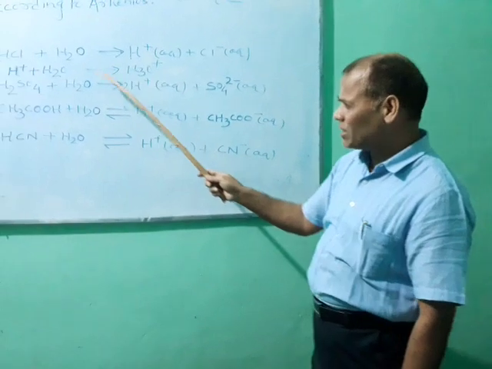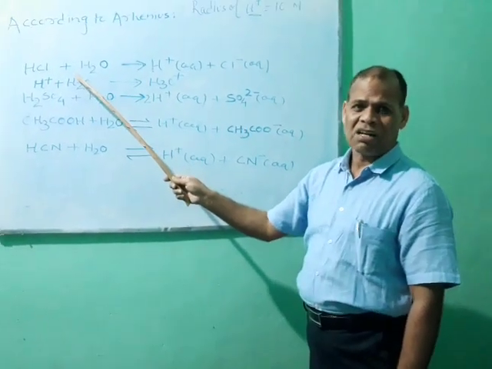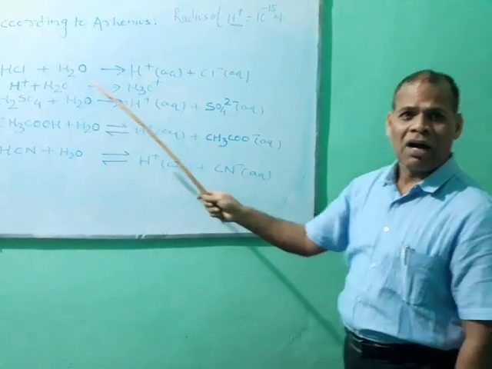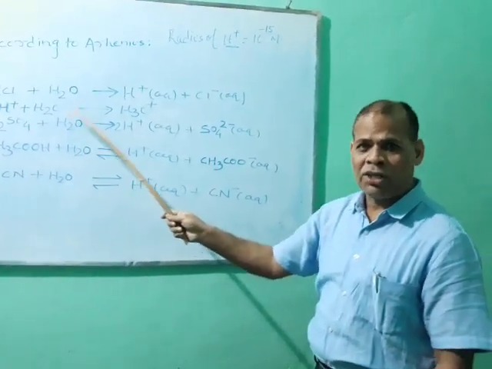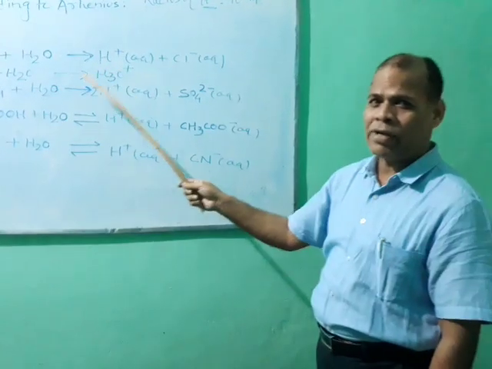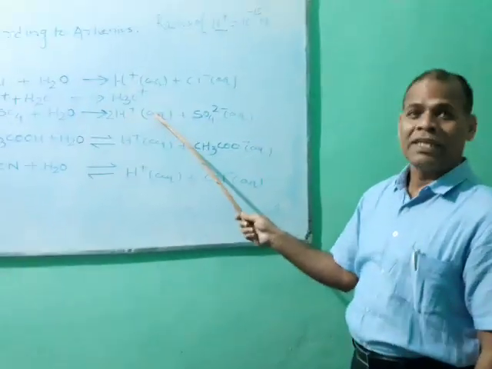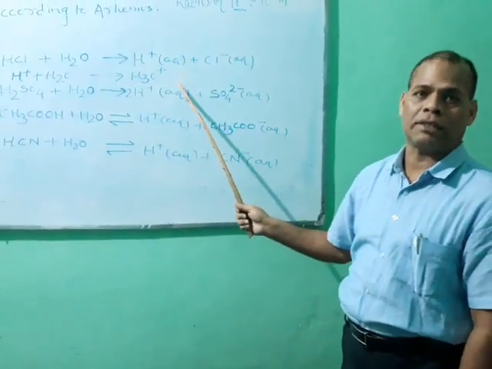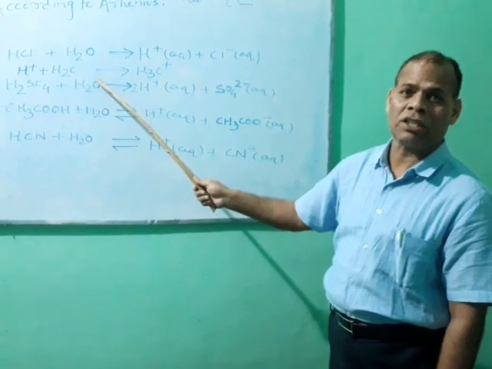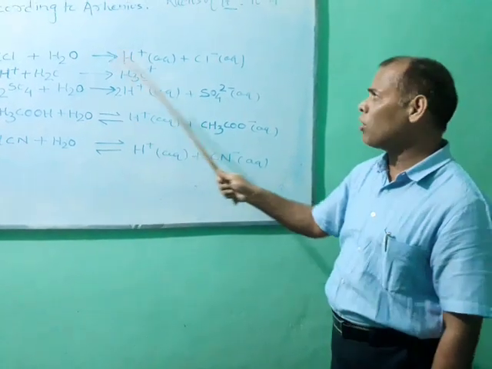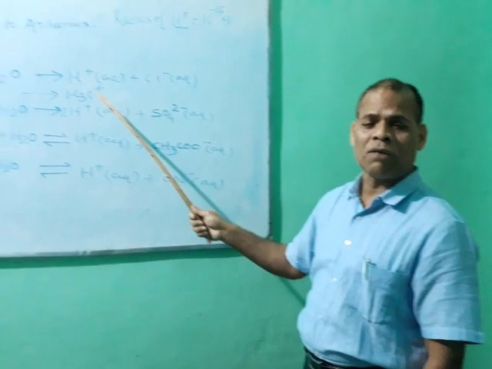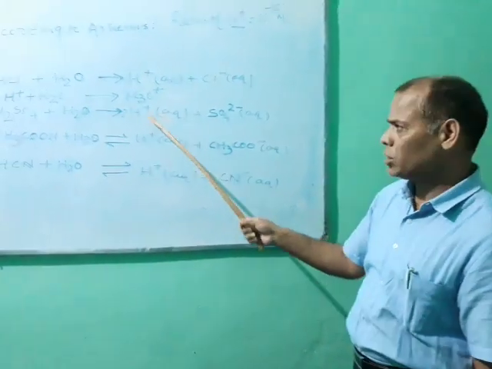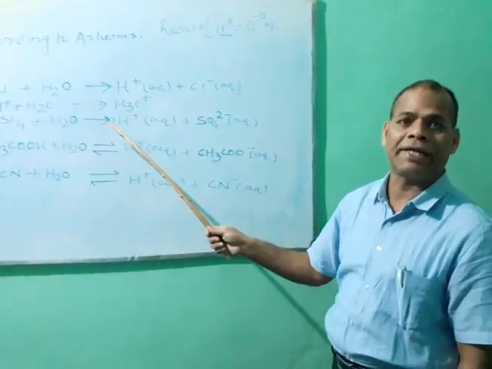In the chemical reaction in which acid dissolves in water and produces H3O plus, the arrowhead pointing towards the product means all the acid dissociates into hydronium ion. Acid which completely dissolves in water in the form of hydronium ion is called strong acid. It is denoted by a single headed arrow.